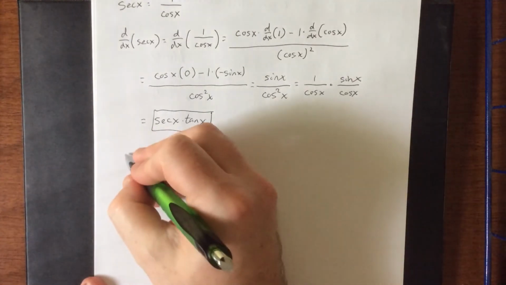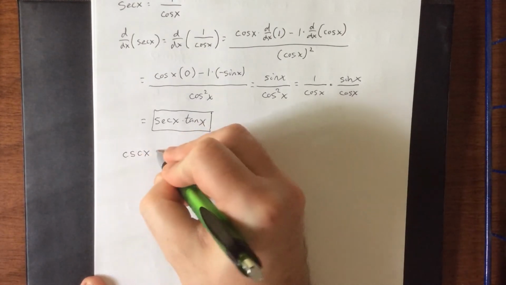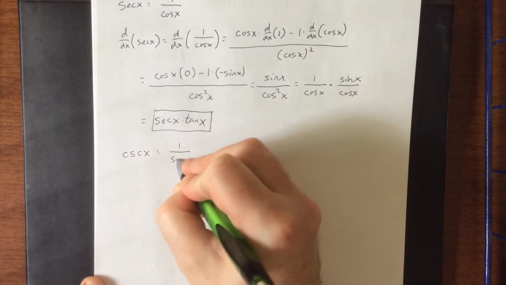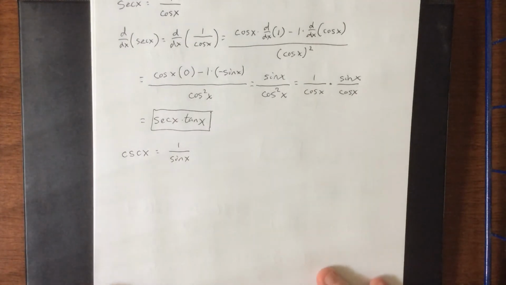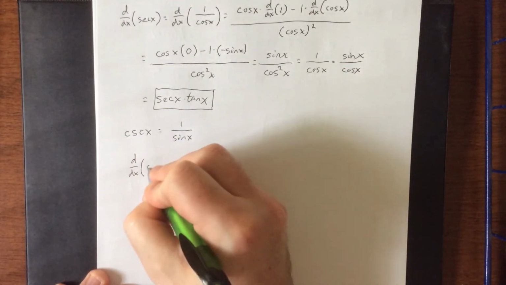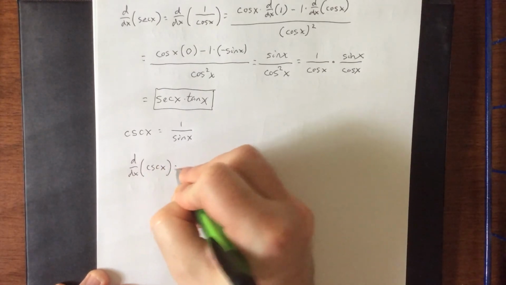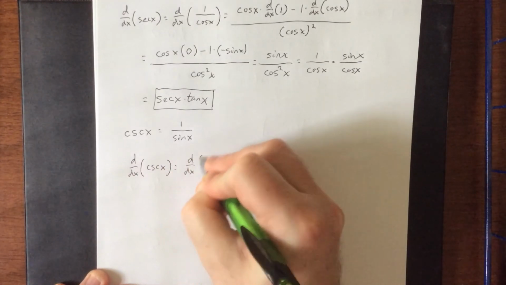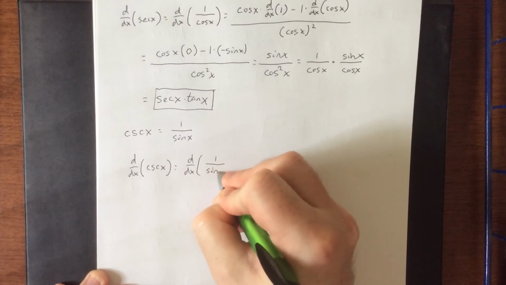Finally, the cosecant of x. According to the reciprocal identity, this would be 1 over the sine of x. So differentiating the cosecant of x is like saying, let's differentiate using the quotient rule 1 over the sine of x.